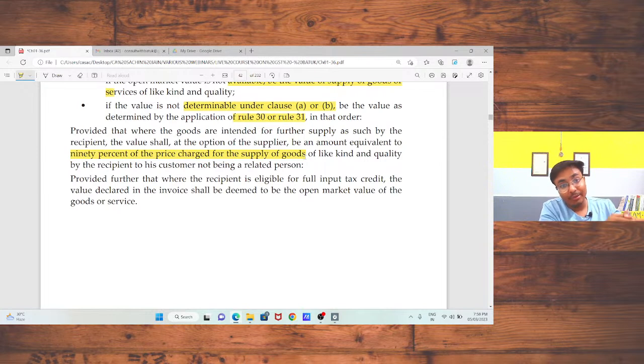That means, on whatever price the branch further supplies that product or services, in that case I may take the value as 90% of that price. Is that okay? This is also an option available.